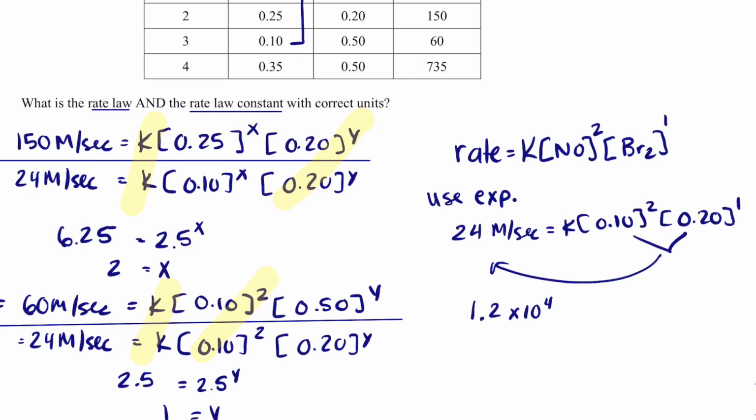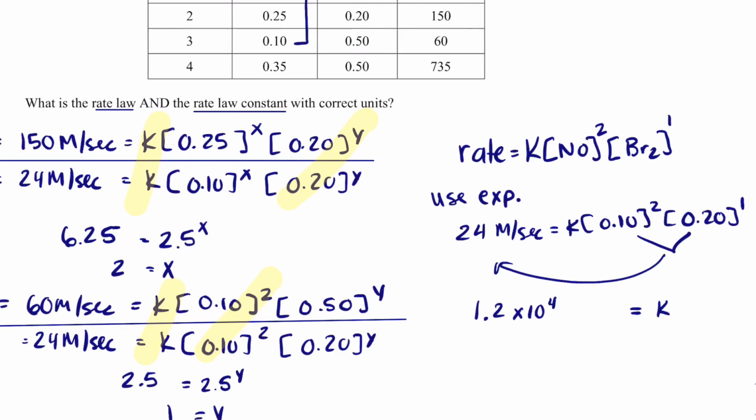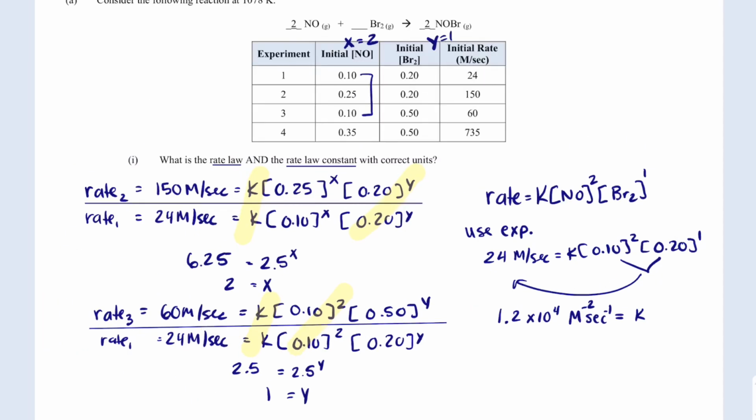And that equals K. But on the test and on the AP test, you have to put units. You never ever get points for K unless they have units. So later in the video, we'll talk about what those units will be, but it's molarity minus 2, seconds minus 1. We will always have a time minus 1 unit.